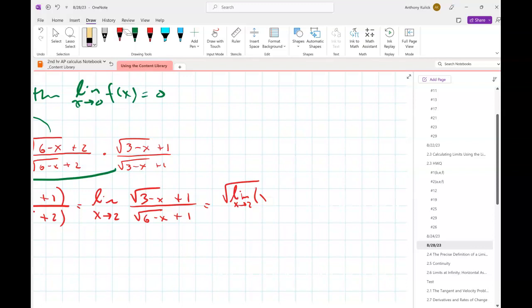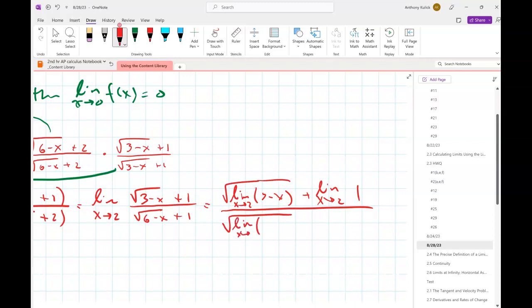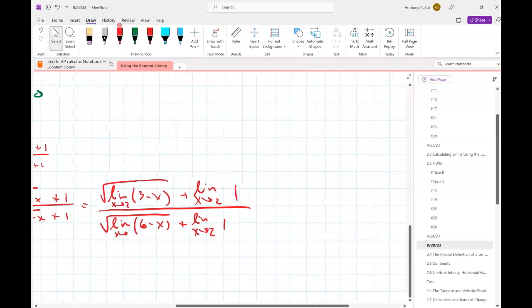We're using limit laws to push the limit underneath the radical, and I distribute the limit, because it's not a polynomial or a rational function. We're going to make that part better in section 2.5.